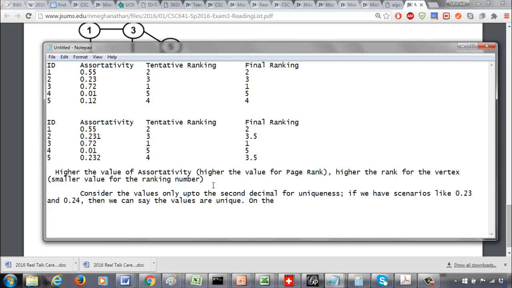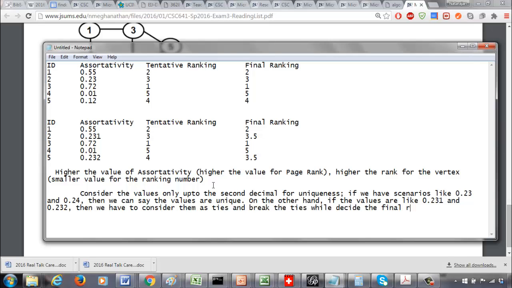On the other hand, if the values are like 0.231 and 0.232, then we have to consider them as ties and break the ties while deciding the tentative ranking as well as the final ranking.